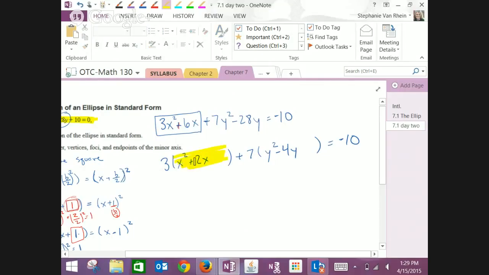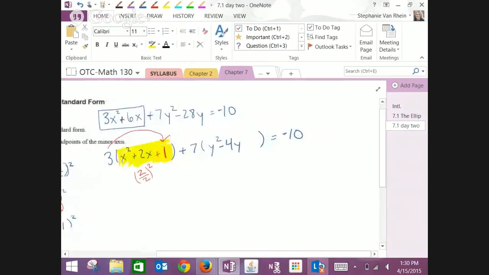What do I need to add to this parentheses to make it a perfect square? Yeah, so I would put 2 over 2 squared, which would be 1. You have to be really careful here because I have a 3 out in front, right? So really I added 3 to the left-hand side.